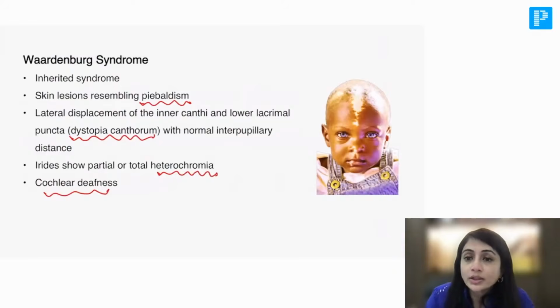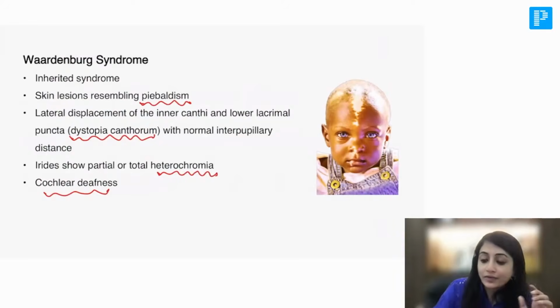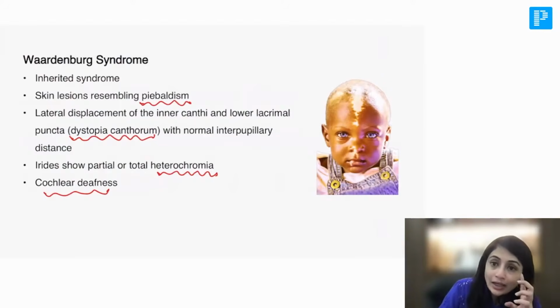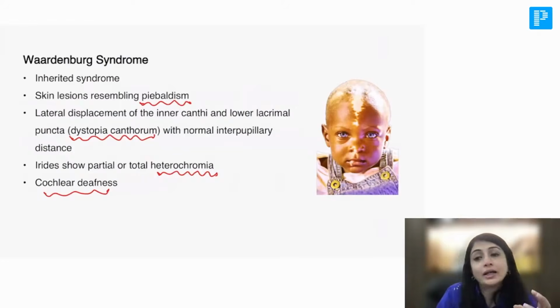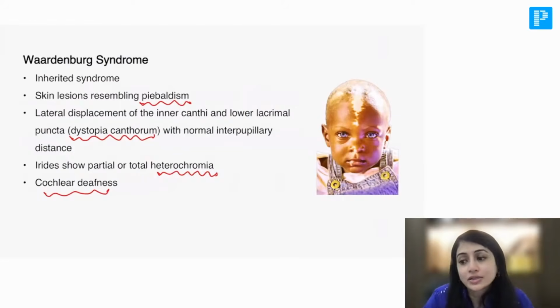Look at the eyelids, look at the iris, you'll see heterochromia. Are you clear now? So this is Waardenburg, piebaldism with these features.